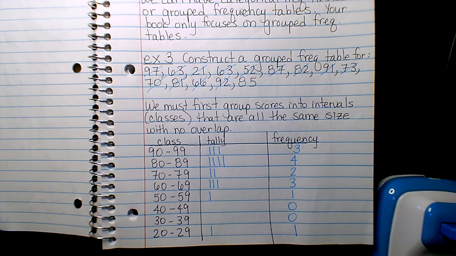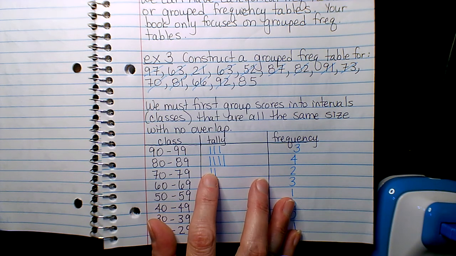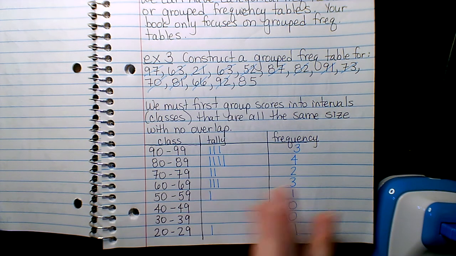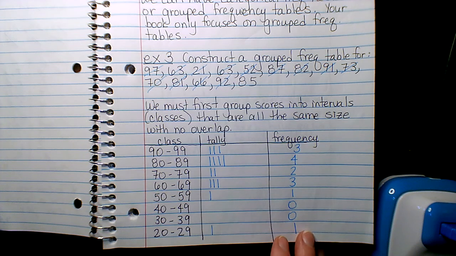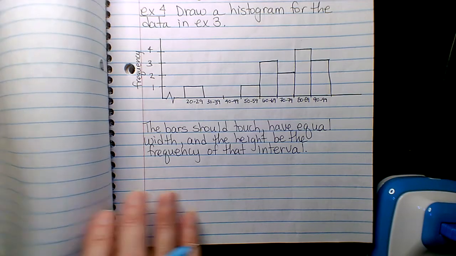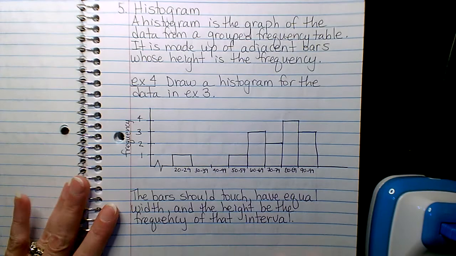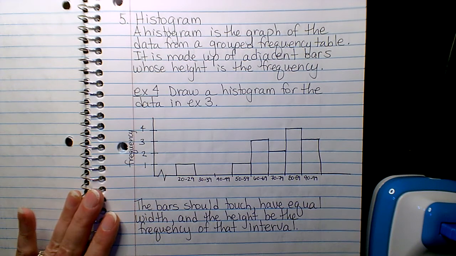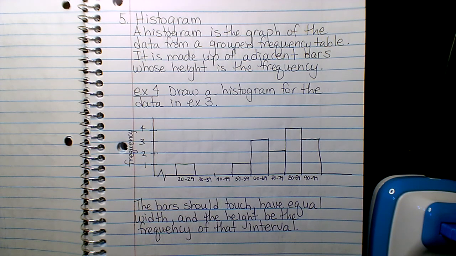Okay, now if we graph this frequency table with these intervals and this frequency, that's called a histogram. Now, you may be thinking, oh, it's like a bar graph to me. You're not alone.